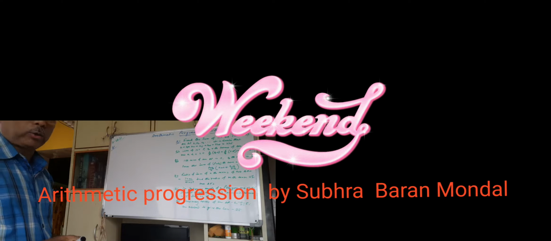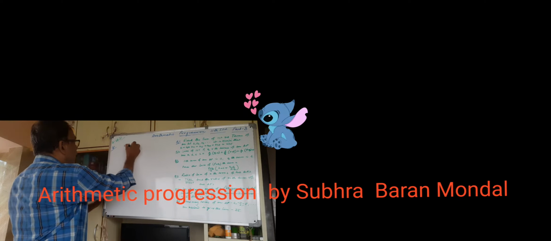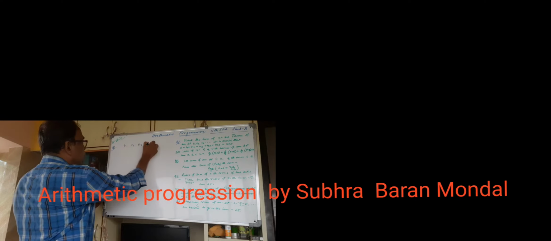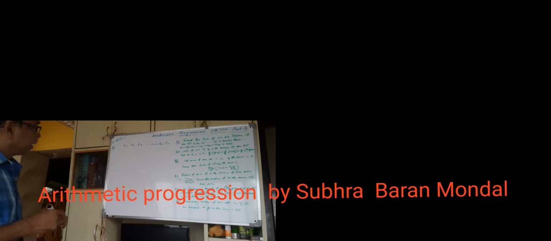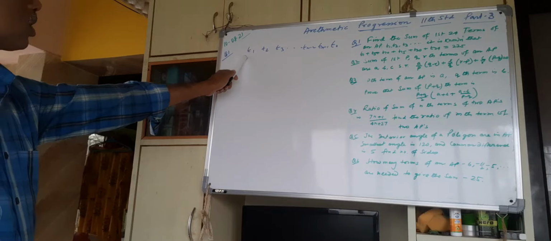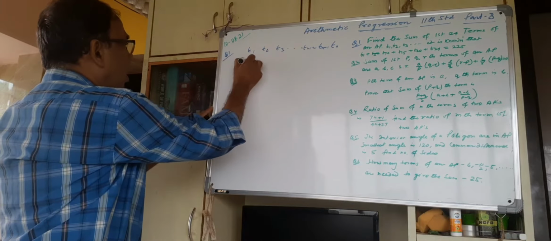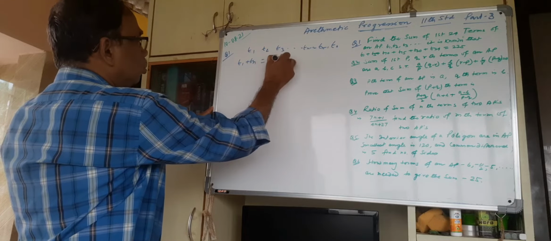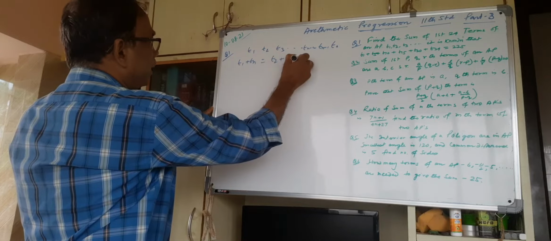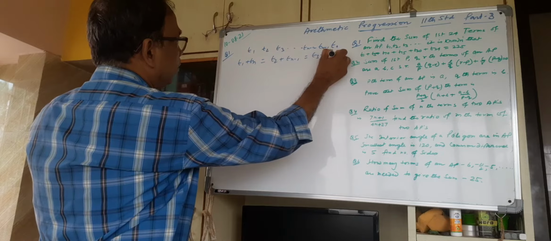Now we are going to start another thing. Suppose T1, T2, T3, ... Tn minus 2, Tn minus 1, Tn. Here, the sum of the first term and last term, T1 plus Tn, equals T2 plus Tn minus 1, equals T3 plus Tn minus 2.